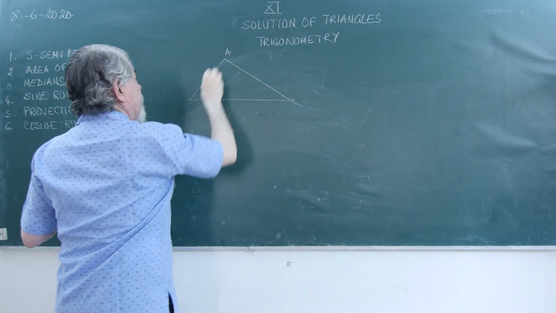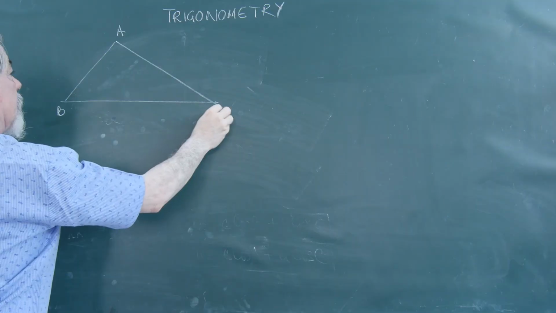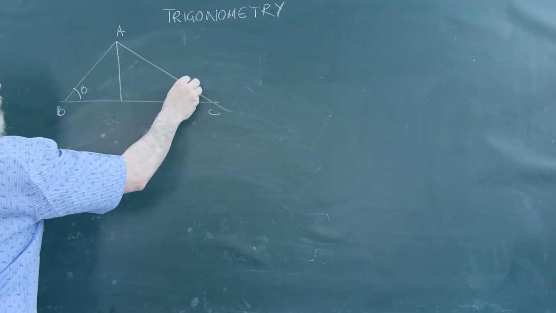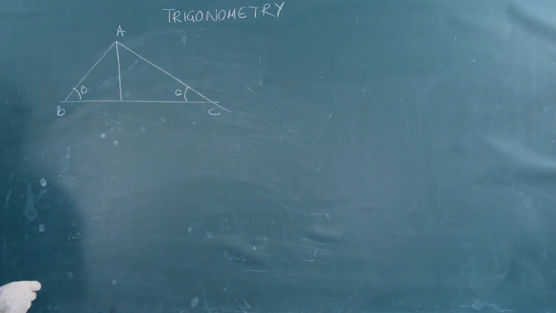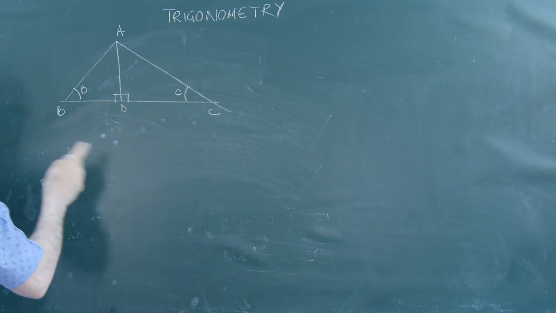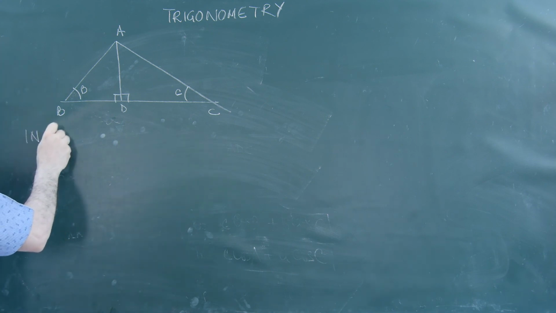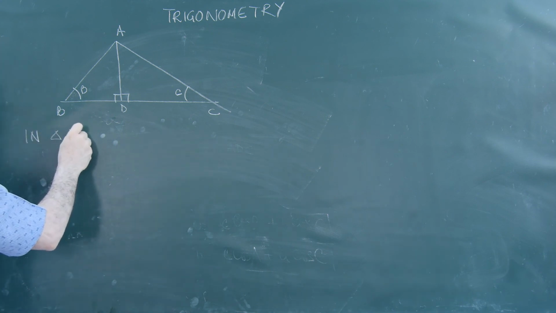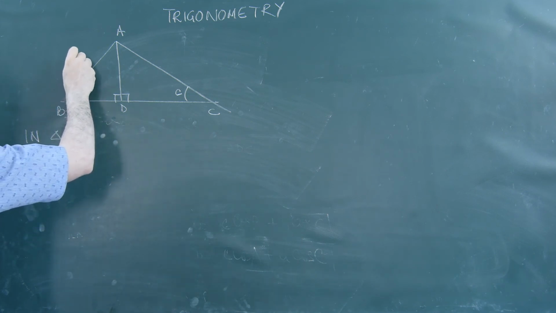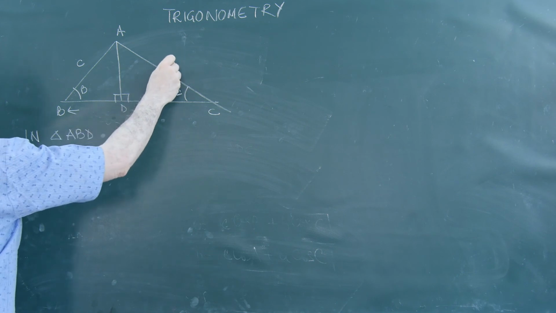Let's take triangle ABC. Drop a perpendicular here. This is angle B, this is angle C. Now this is the perpendicular AD.